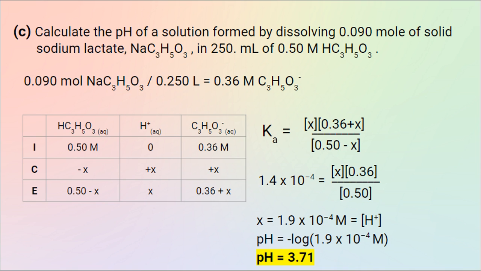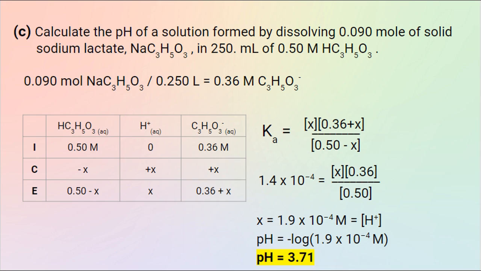And so we have 0.5 molarity for HC3H5O3. Its change is minus x because its coefficient is 1, so we have 0.5 minus x for its equilibrium. For H plus, we have none initially, so we have x for change, and equilibrium is x. For C3H5O3 minus, we have 0.36 molarity, which we just solved for previously, and the change is plus x, so we have 0.36 plus x at equilibrium.